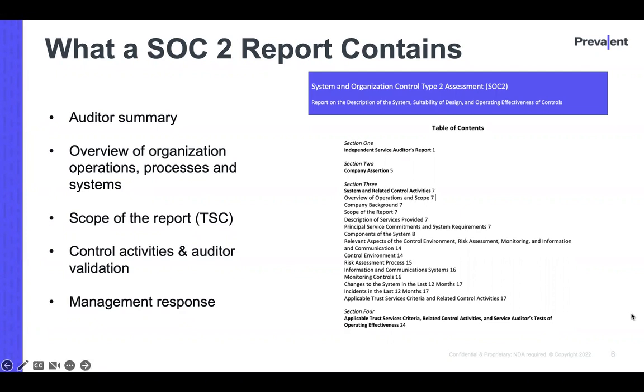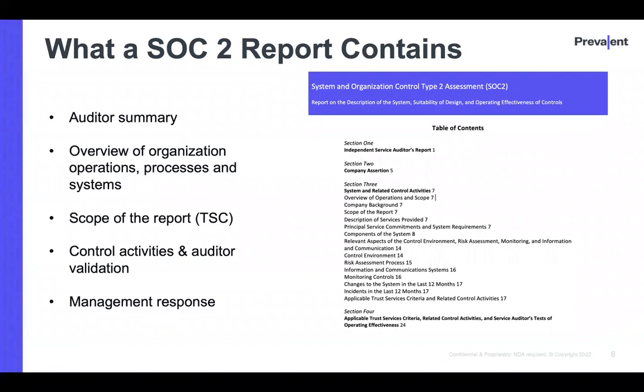The purpose here is to really go into detail of what processes, the interlink between processes, what systems a company uses and operates with, and how those processes and systems interact with each other. So this could be high level from a company background perspective, giving an overview of what the organization does, the products and services it supplies, maybe the geographies that the organization operates in.